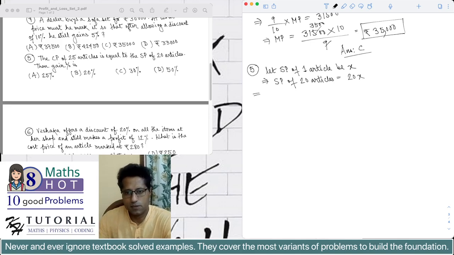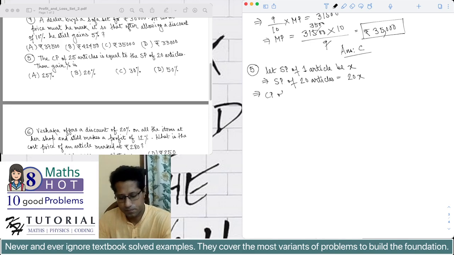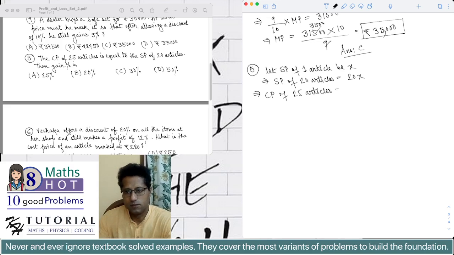So this implies it is given that the cost price of 25 articles is equal to the selling price of 20 articles. So we can say that the cost price of 25 articles is equal to 20x.